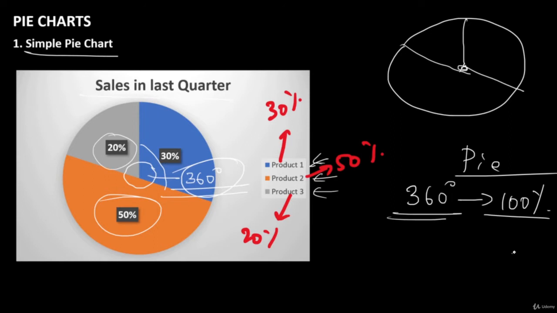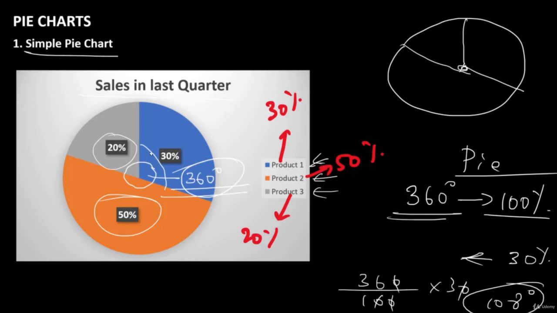You just need to find out what degree is 30%. So that would be 360 divided by 100 into 30. All right. So that's approximately 108 degrees. So this angle over here will be 108 degrees. So this is also something interesting about pie charts.